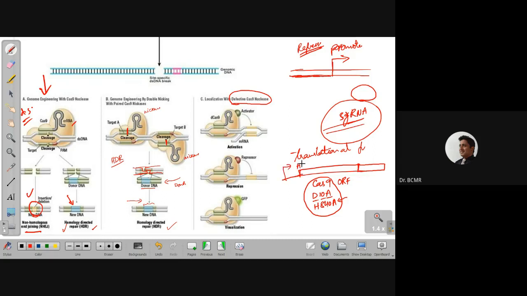That means the ATG, the start codon, starts with Cas9, and it will end after the repressor region reading frame, say TGA. So it will produce a protein, something like Cas9 with a repressor region here like this. And why would it come and bind here?